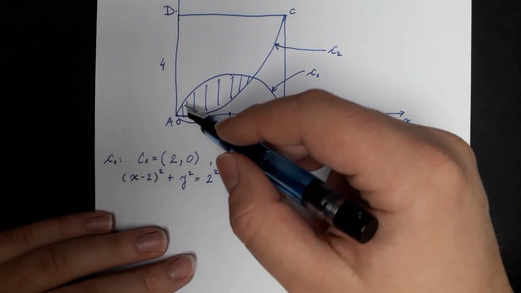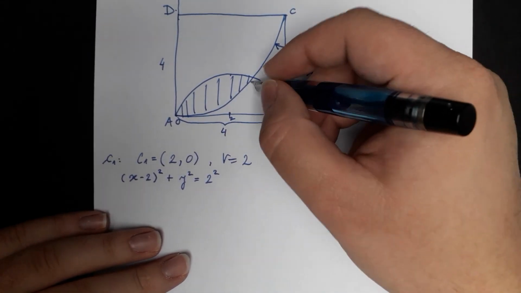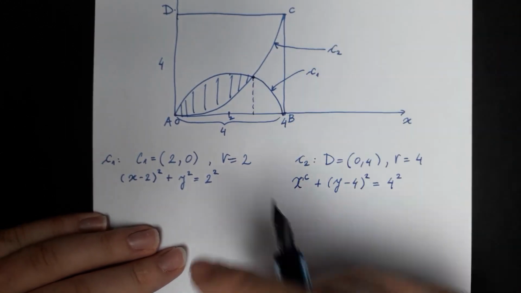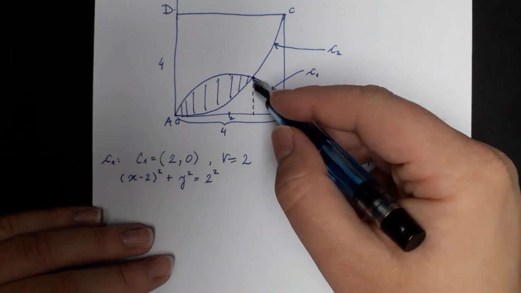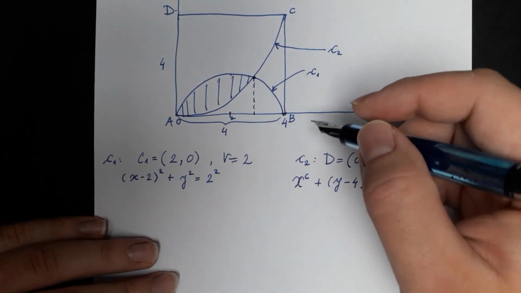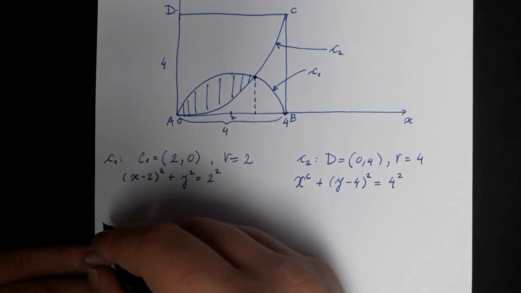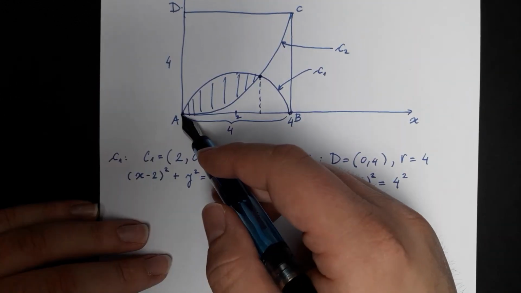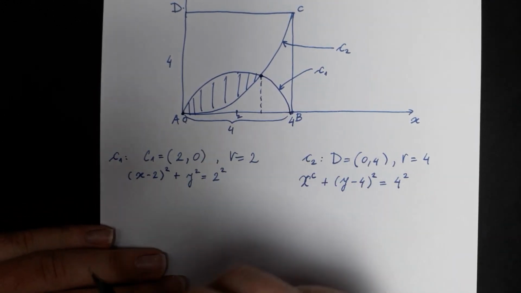Now, to calculate this area of the overlap, we need to find the x-coordinate of this dot right here. This dot is in the intersection between C1 and C2. The second dot in the intersection is the beginning of the coordinate system, 0, 0.